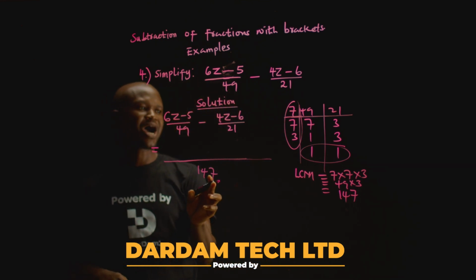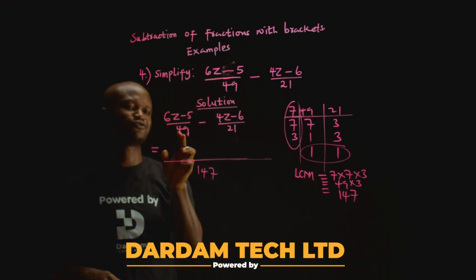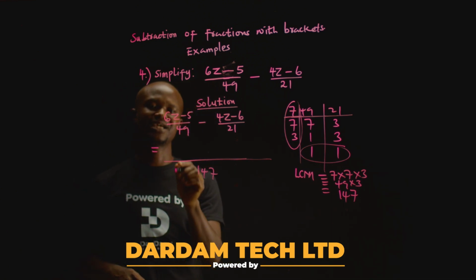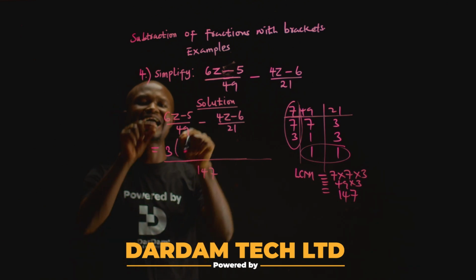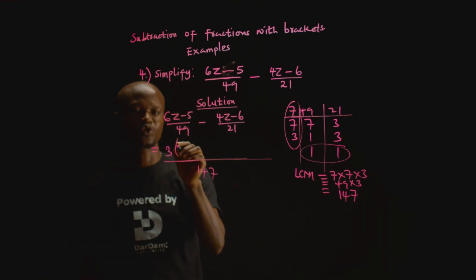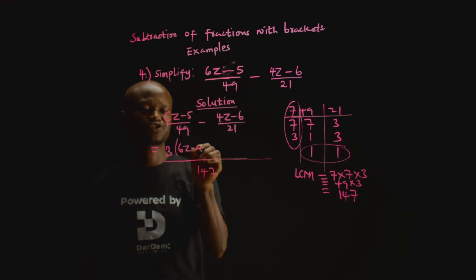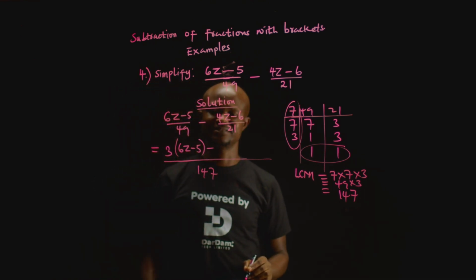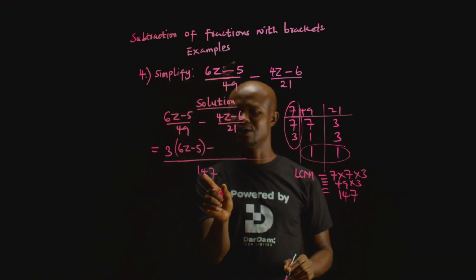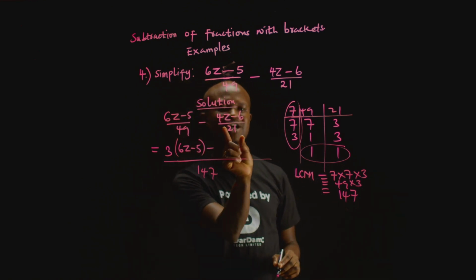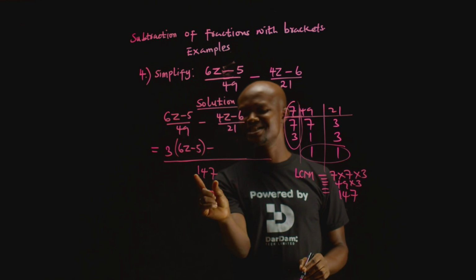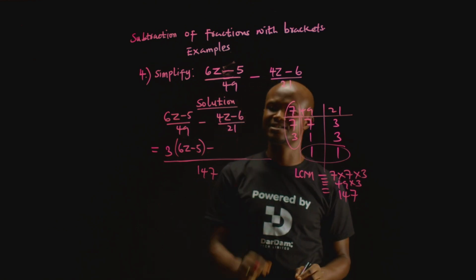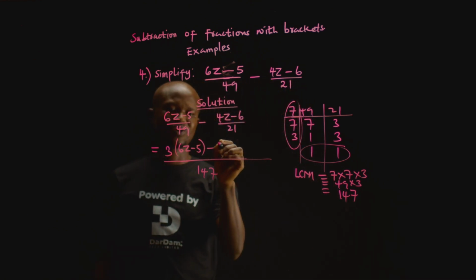Now, 147 divided by 49. What do we have? 3. So this 3 we multiply the first numerator, which is 6z minus 5. Then minus, what's the next thing? 147 divided by 21 is 7.